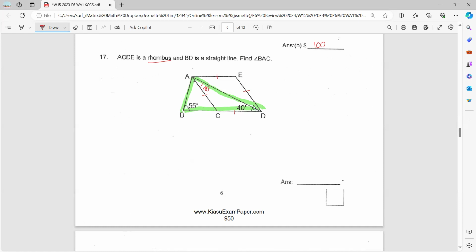So that's angle BAD. 180 minus the other two angles. This will give us 85 degrees. Now, if this is 85, then to find BAC, we take 85 minus 40. So answer is 45 degrees.